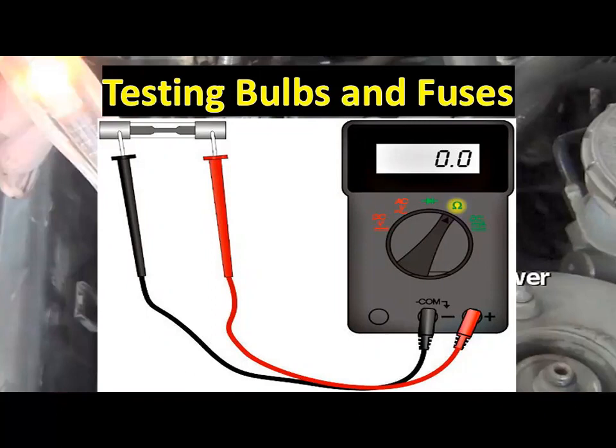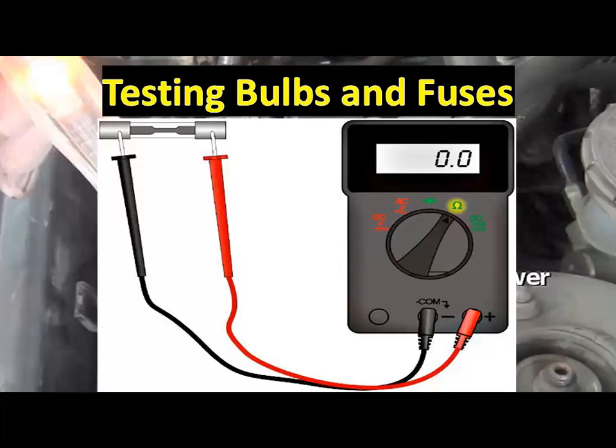So when visually inspecting a bulb, look for signs of a burned filament. The filament has its own useful life. Filament is usually made out of tungsten steel, and it has a higher melting point. But even tungsten steel has its own lifespan.